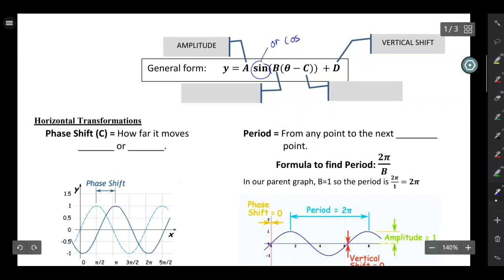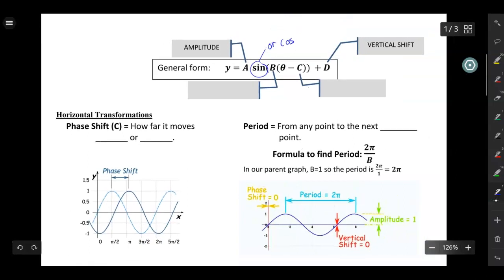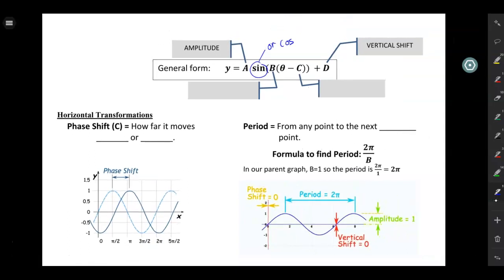Let's start by talking about the c value. That c value, which is what you're subtracting from the theta, is always going to be in parentheses, and this moves the graph left and right. This is where it's going to get a little bit confusing, because as we shift left and right, it's the opposite direction of what you would guess.